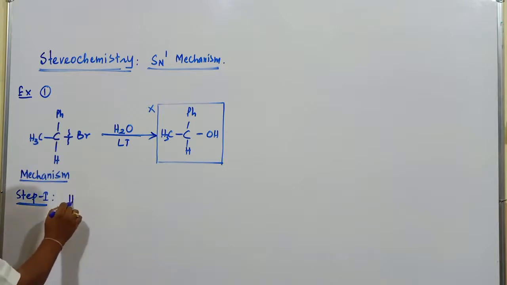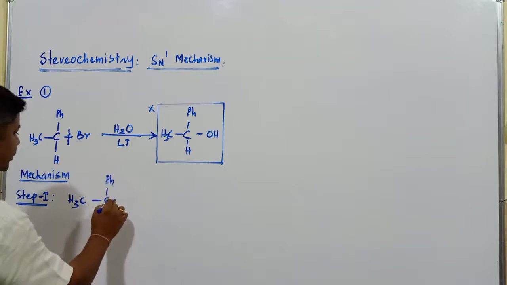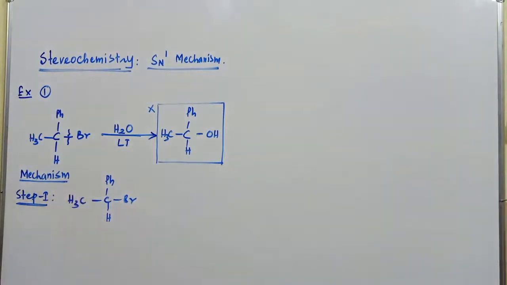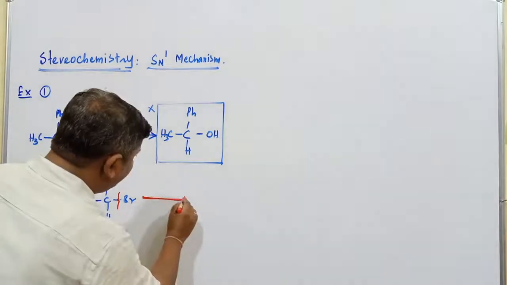The molecule has CH3, a carbon, phenyl, bromine, and hydrogen. If this bond undergoes cleavage, there is a formation of an intermediate.